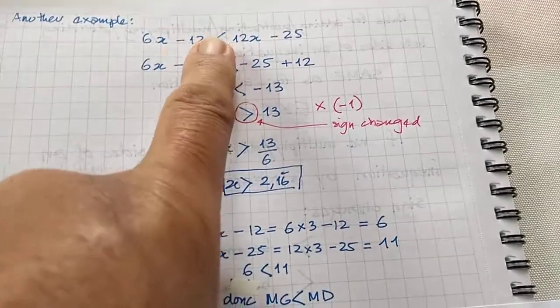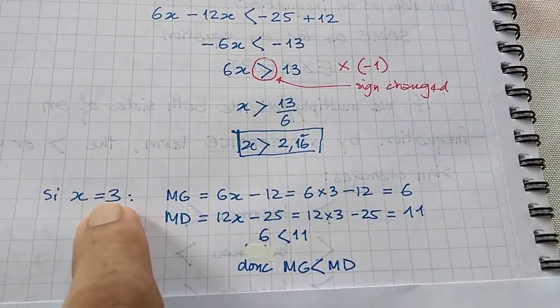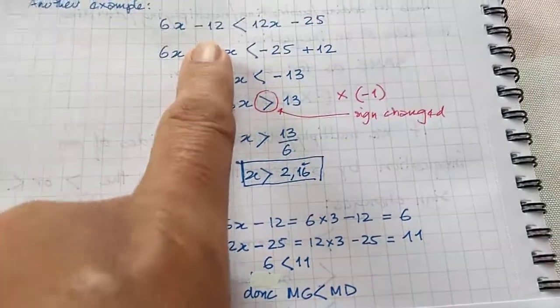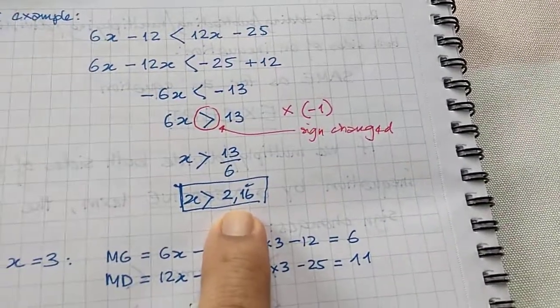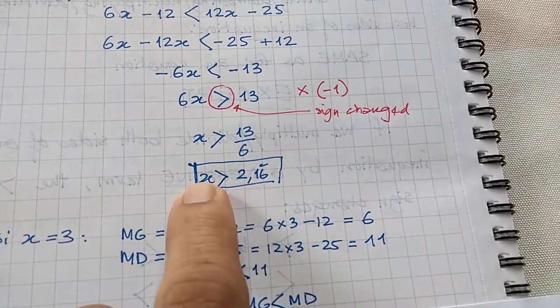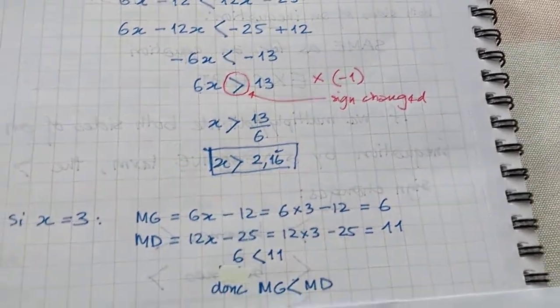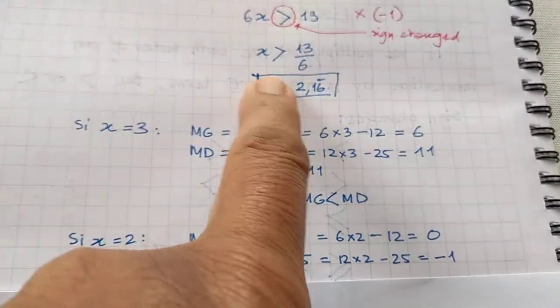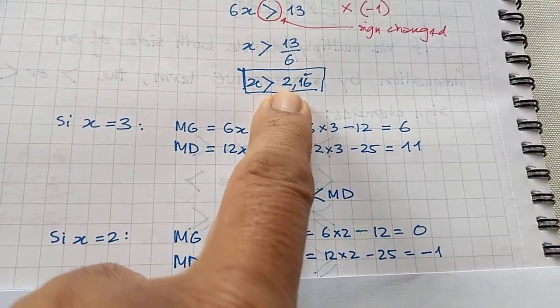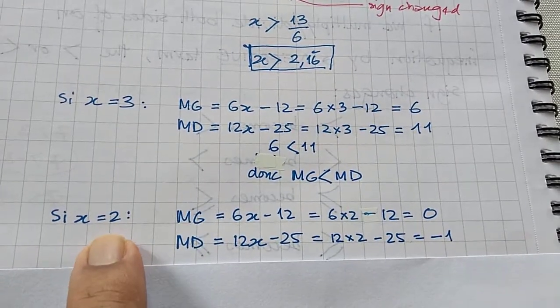So this inequation is satisfied for x is equal to 3. You can see if x is greater than 3, this is a solution. Similarly, now we take a value that is smaller than 2.16. We'll take x est égal à 2.